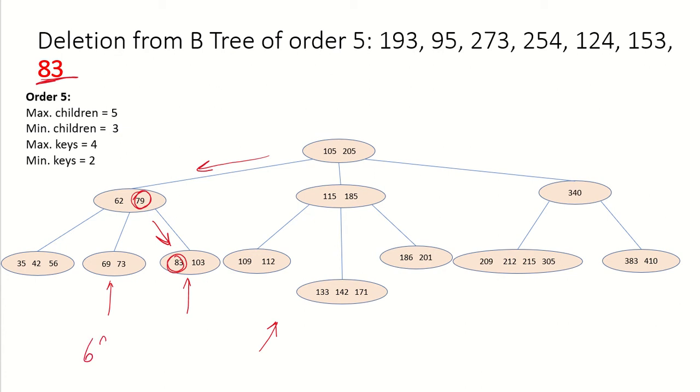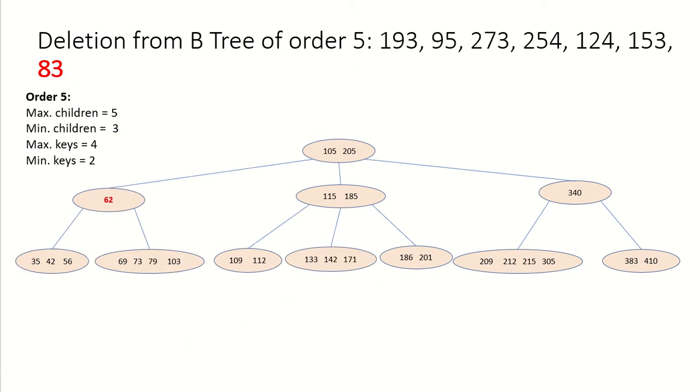So we will have 69, 73, 79, 83 and 103, and then we delete 83. So we will be left with 69, 73, 79 and 103. So this is it, 69, 73, 79 and 103. Only 62 is remaining over here.